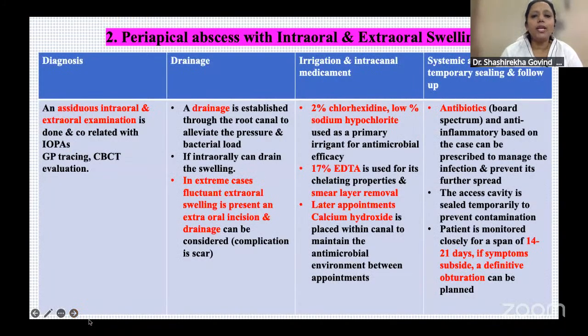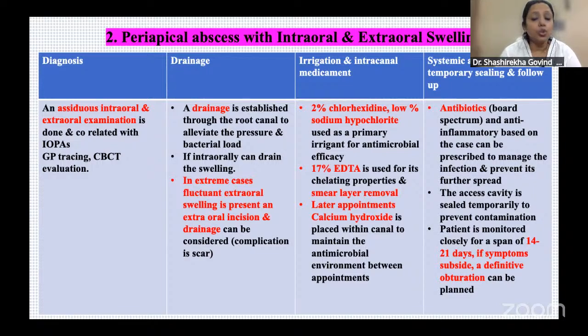So now let's go to the next part, that is the periapical abscess with intraoral and extraoral swelling. Here, in this situation, again, we have to check with our clinical expertise as well as IOPA and sometimes CBCT. And if there is any sinus present, then GP tracing needs to be done.